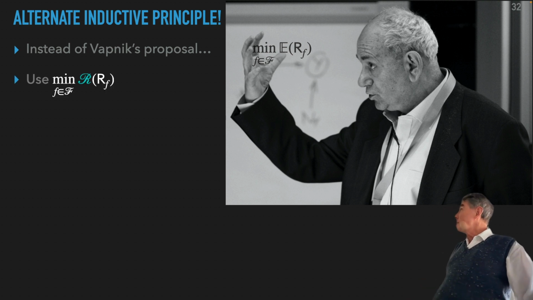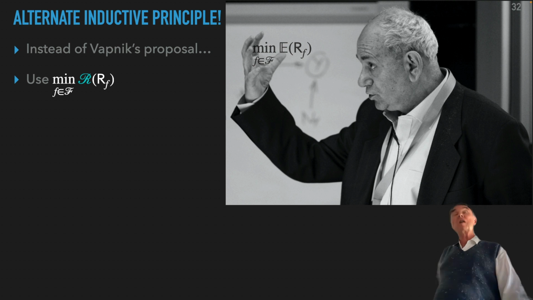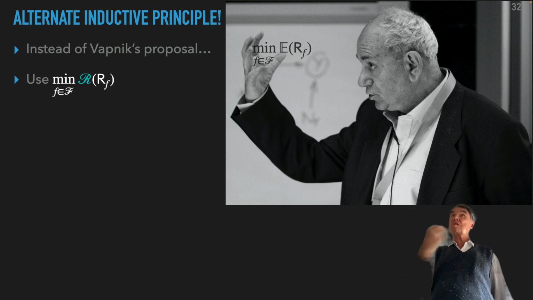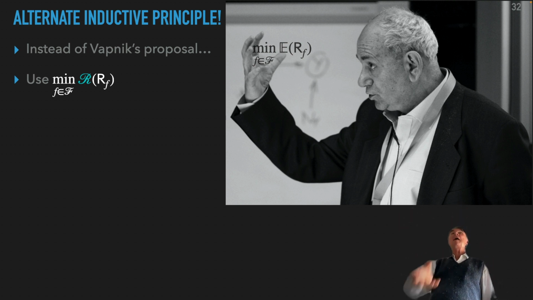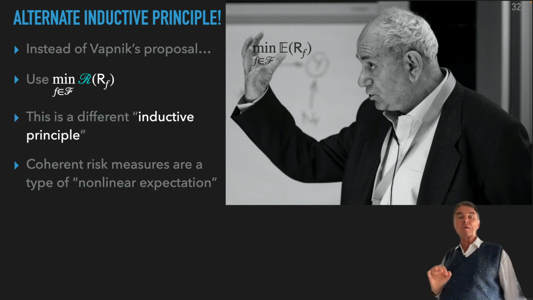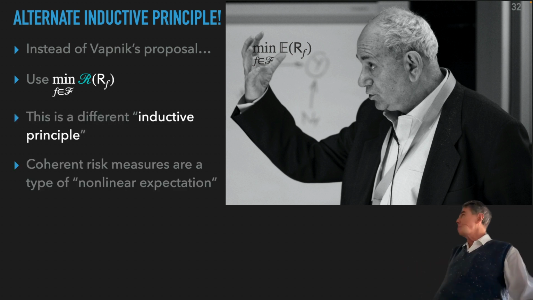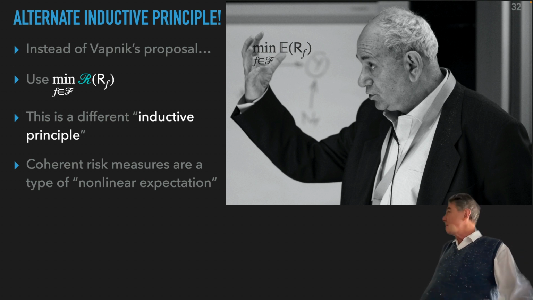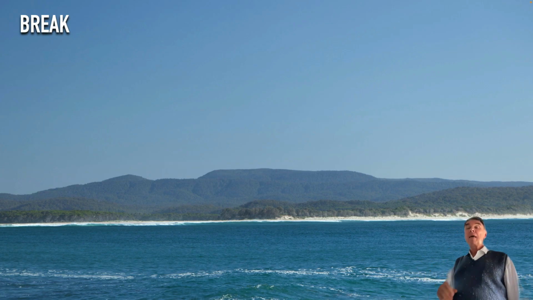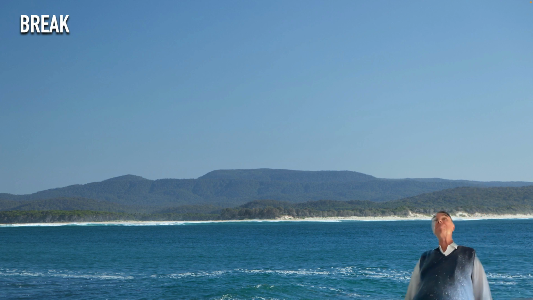Anyway, so instead of minimizing empirical risk, you just replace the expectation functional by something else, which has almost all the same properties as expectation. And most of your algorithms continue to work just fine, but in addition, you've imposed a fairness constraint. It's like a different inductive principle. That's what he says. So this R, you can think of it as like a nonlinear expectation. Anyway, time for a short break.